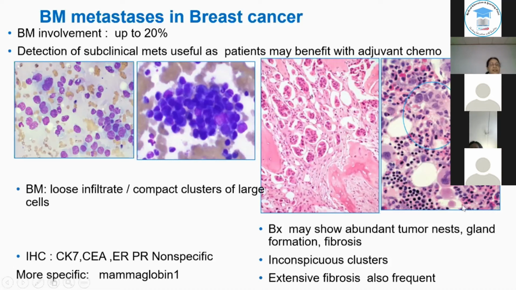IHC for CK7 is positive; it is not specific, and more specific is for hemoglobin 1. Extensive fibrosis is very frequent in carcinoma breast. Then it becomes even more difficult to identify these tumor cells.